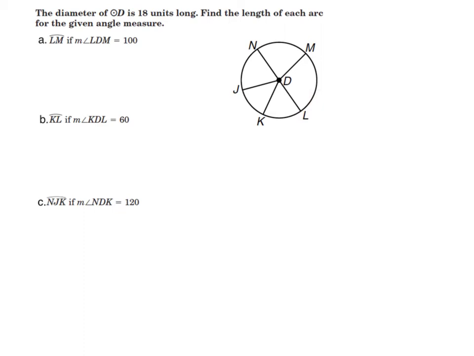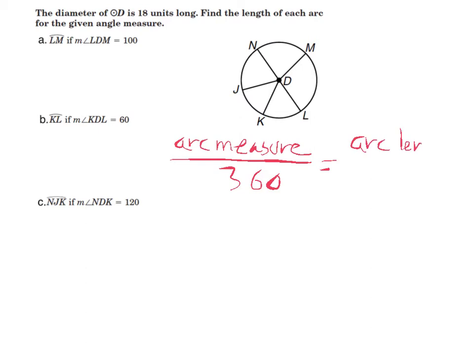So let's use the first formula for this one. Now remember also that our formula was arc measure over 360 is equal to arc length over circumference.